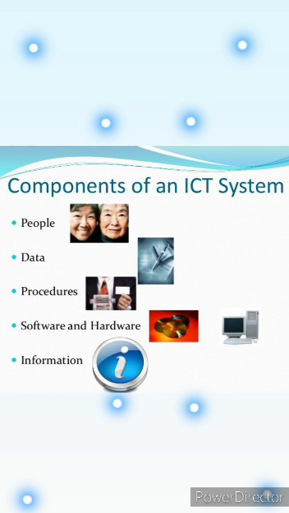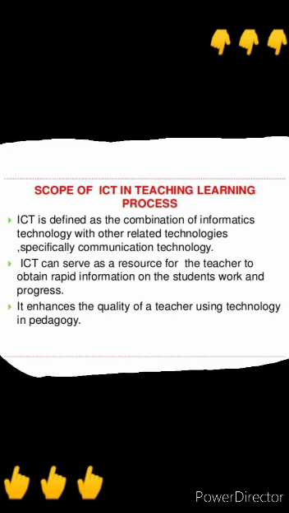Let's move to the next slide to know about the components of an ICT system. The first component is people, which is the most vital component of this ICT system. Second is data. Third is procedures. Fourth is software and hardware. And fifth is information. Now let's see the scope of ICT in the teaching learning process.